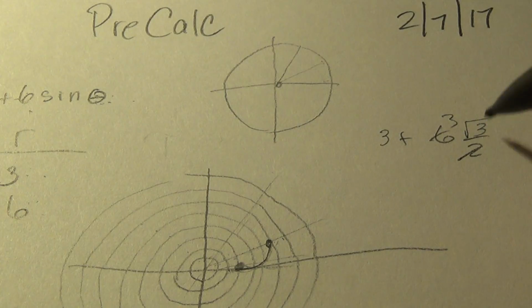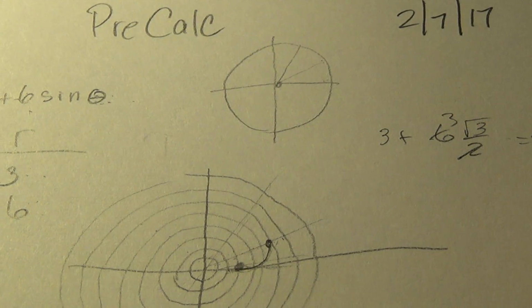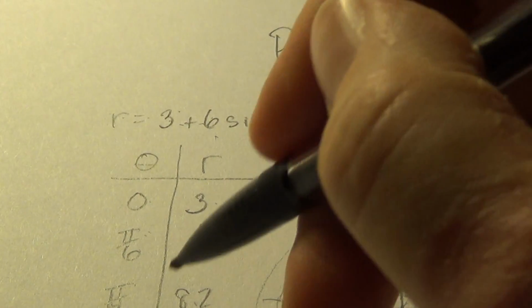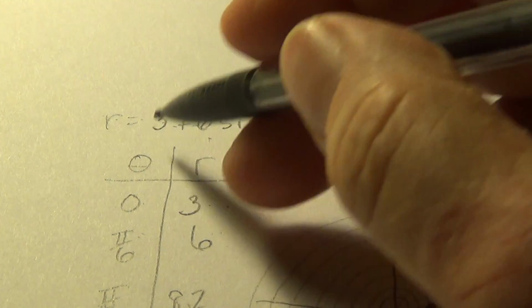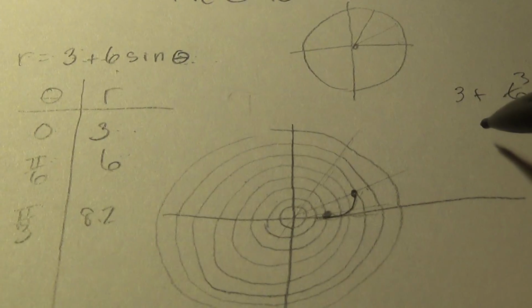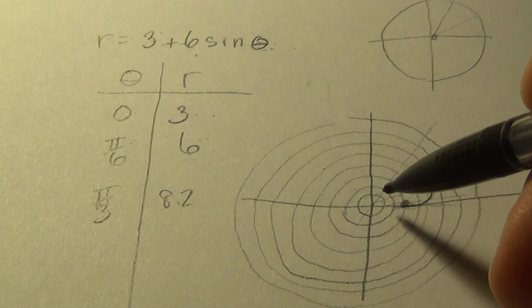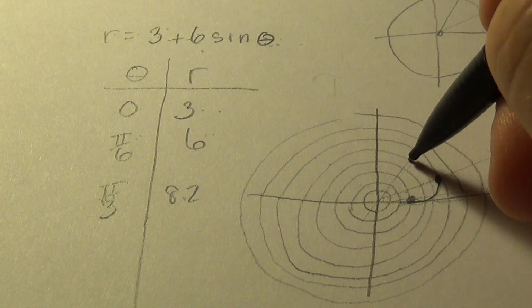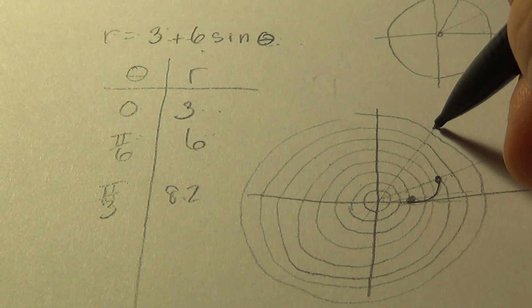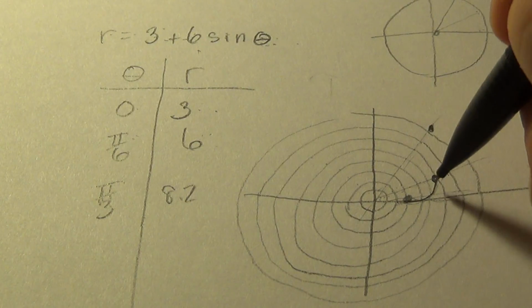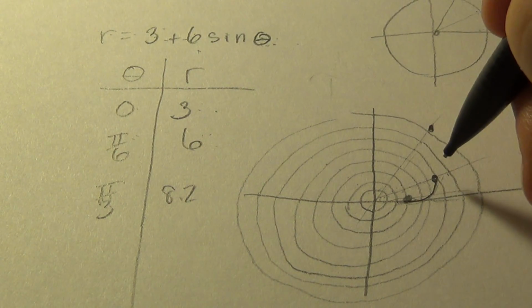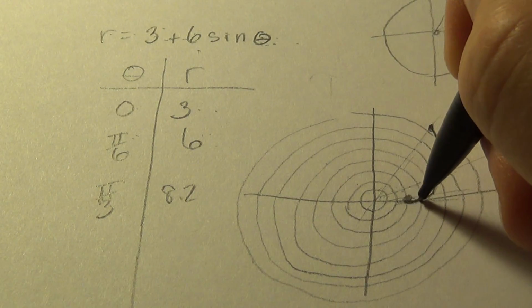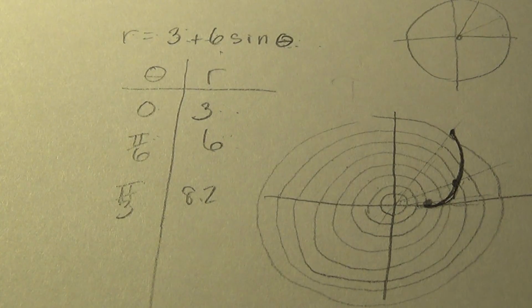I did that earlier and it came out to about 8.2. So you can verify that my thetas do give the r's that I'm coming up with. So I'm going to go out at pi over 3, 8 and a little more. 1, 2, 3, 4, 5, 6, 7, 8 and a little more. There's my 8.2. So I'm going to draw a line from there to there. This is usually a smooth curve like that.